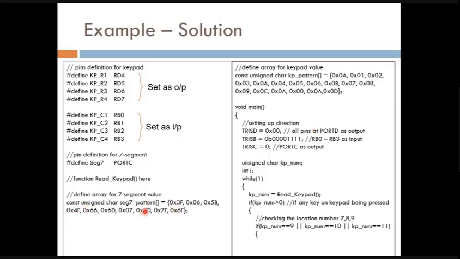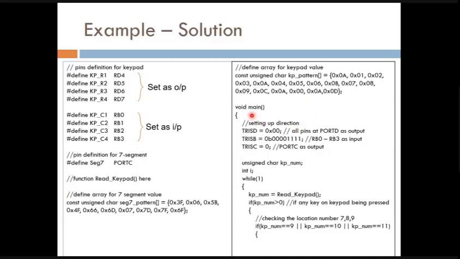This one you use to display characters on the 7 segment, and this char KP pattern refers to the keypad pattern: number 1, 2, 3, A, number 4, 5, 6, B, and so on, star, hash and so on. This represents the character coming from the keypad.